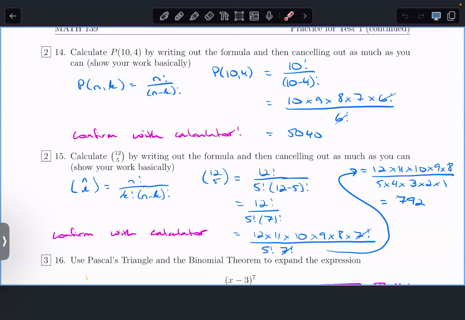Calculate the permutations of 10 and 4 by writing out the formula and then canceling out as much as you can. Show your work, basically. So then you would use the formula where you have n and k. But then I'm just making sure that you know that you can cancel the factorials. That can be something. Maybe not both, but one of them.